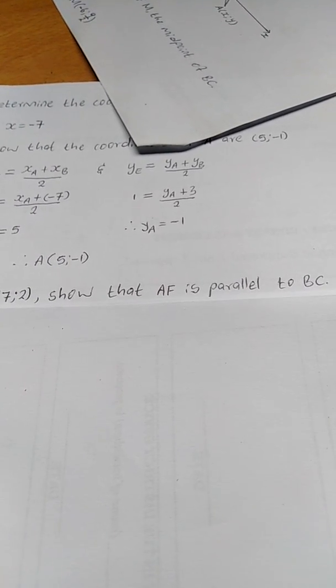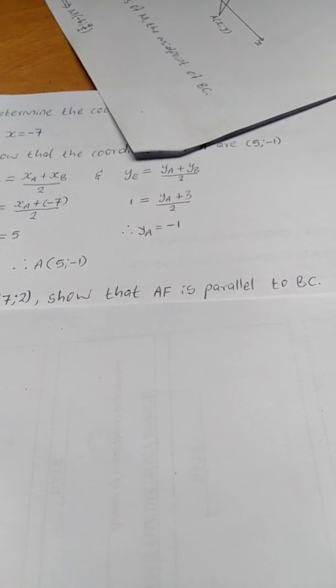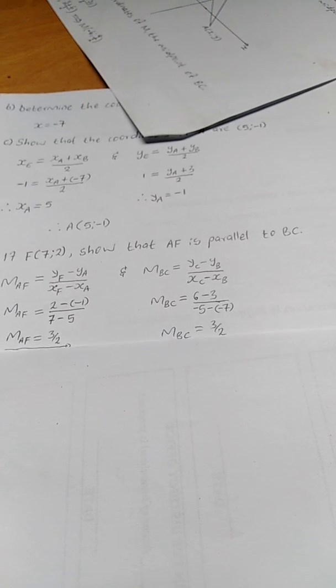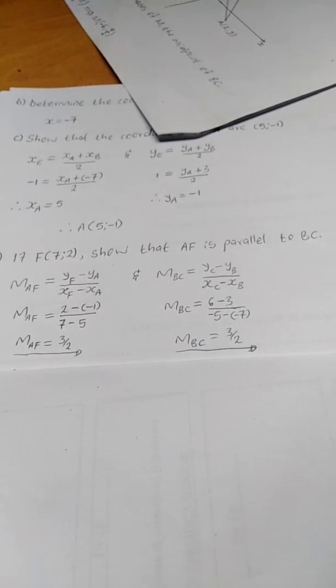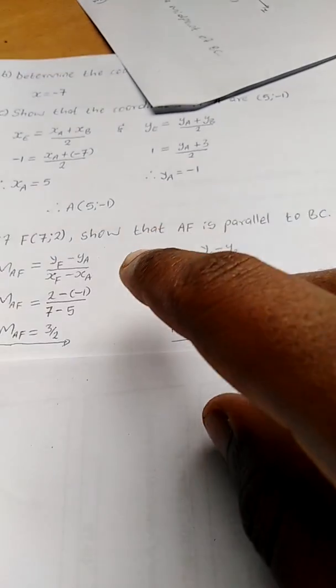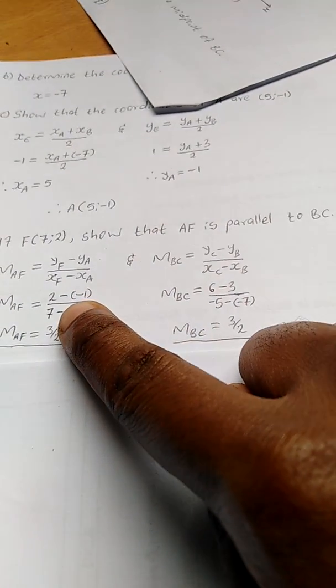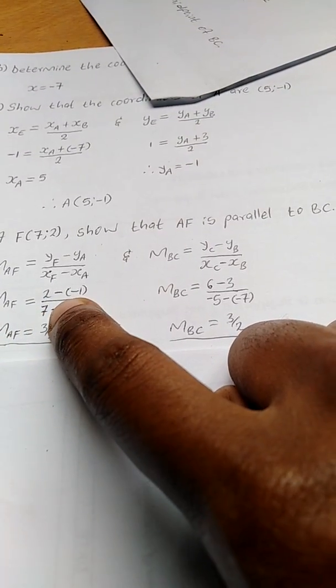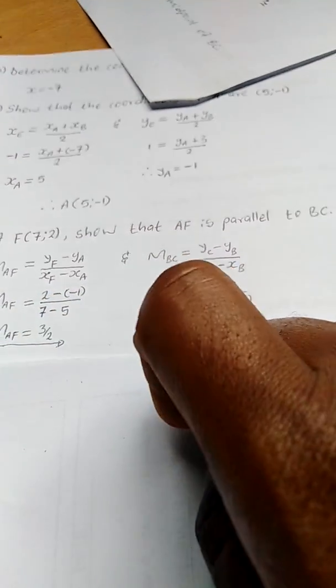So I hope you've paused the video and tried to find the gradient of AF as well as that of BC, and then you arrive at something that looks like this. You can clearly see that you write your correct formula, you do your correct substitution. Once again, you employ the brackets here, so you end up with 2 minus into negative 1, which actually gives you 2 plus 1, which is 3.